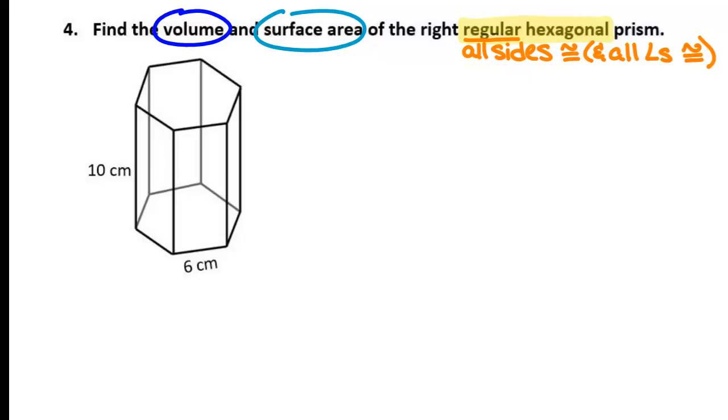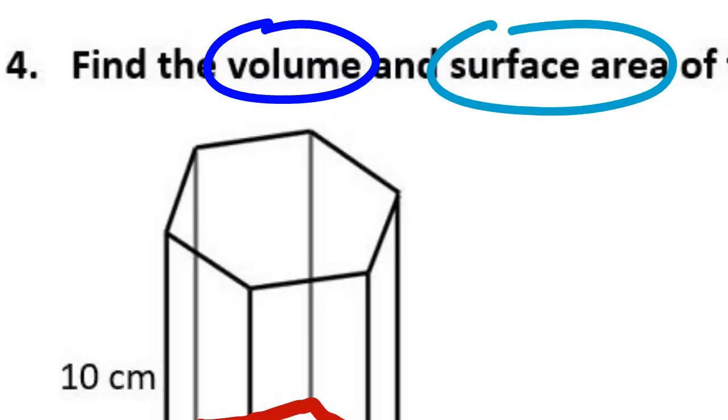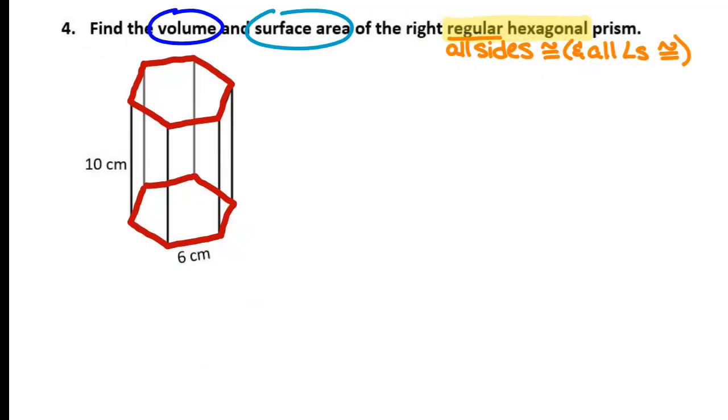We go looking for the shape where I have 2 of them and they never touch. That would be right here. We have 6 sides, so that's a hexagon. And up here we have that exact same hexagon mirrored, and they never touch each other.